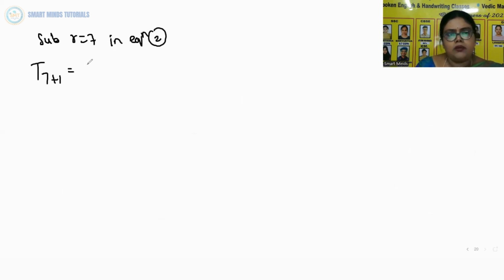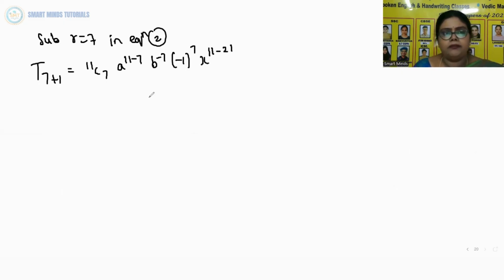Now we need to substitute r is equal to 7 in equation number 2. So you get T7 plus 1 equals 11C7 a power 11 minus 7 b power minus 7 minus 1 power 7 x power 11 minus 21.